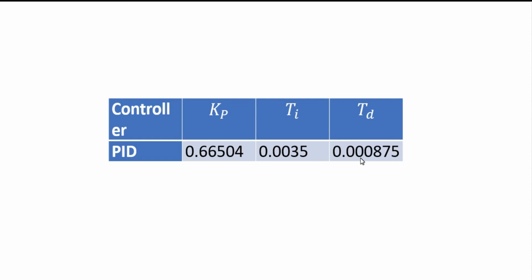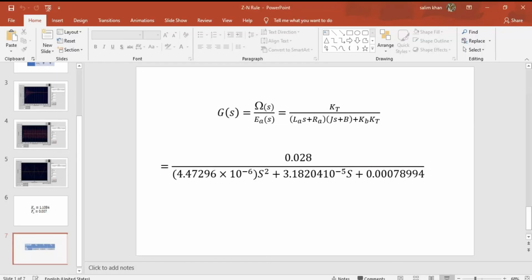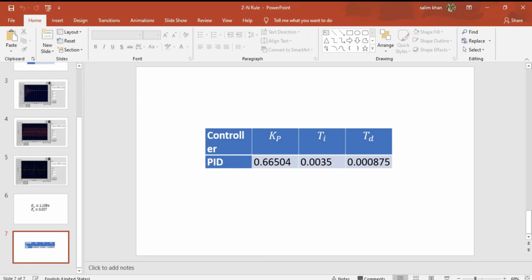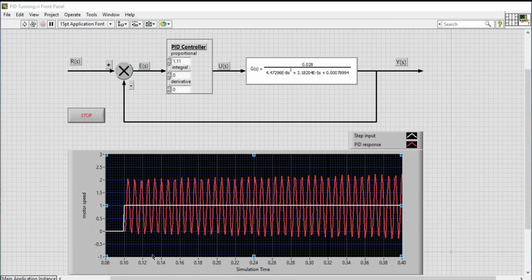When I put these values into the proportional, integral and derivative controller, I got the best result using the Ziegler-Nichols method. So this is the tuning method of a PID controller. Thank you.